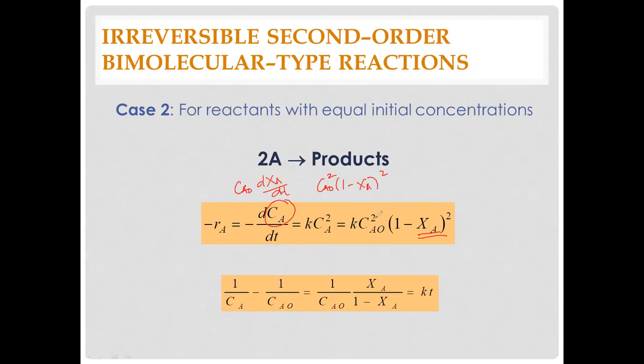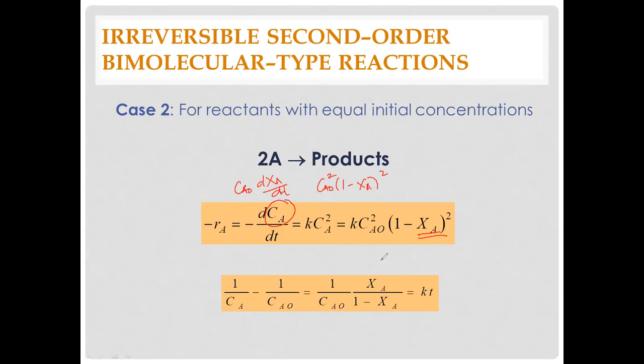If you do that, then you will have a simple case of separation of variables again in the DE. You transfer the (1 minus XA) quantity raised to 2 in here, and that would be a case of power rule. And this will be your corresponding answer. Okay? And you have here the KT on the right side. This could also be like this.